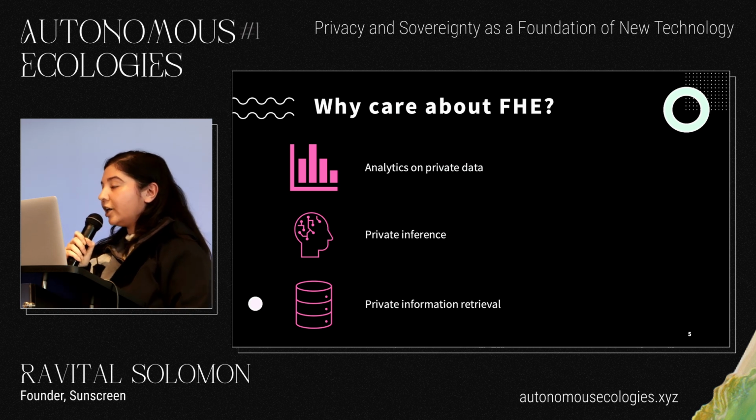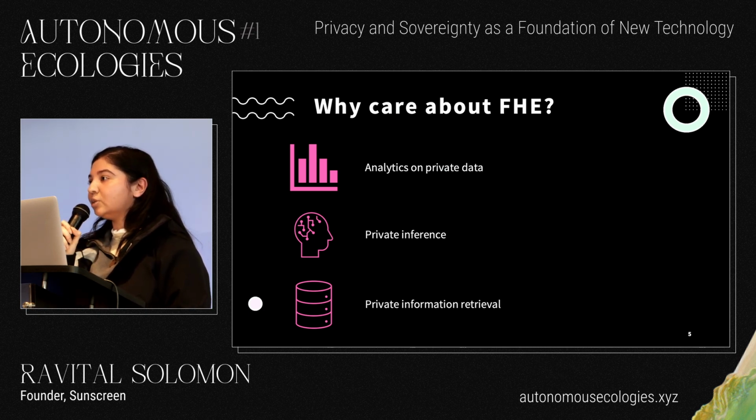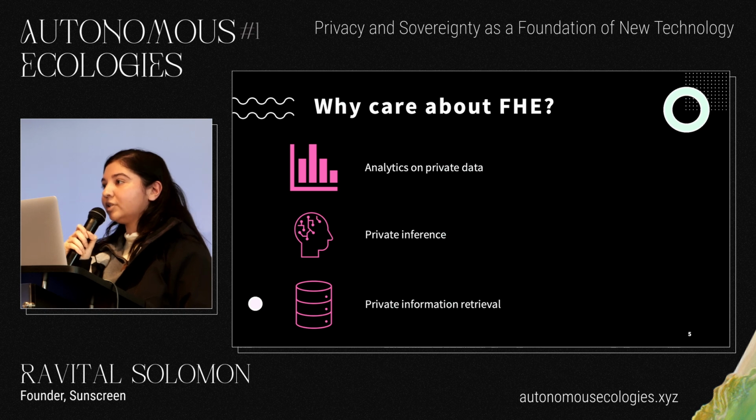In terms of why you should care about fully homomorphic encryption, let's look a little bit at the applications in Web 2. One interesting application is the ability to do analytics on private data. You can imagine creating a private version of 23andMe where only the user would know the results of tests run on their genomic data. Another application that's received a lot of interest in Web 2 is private inference.